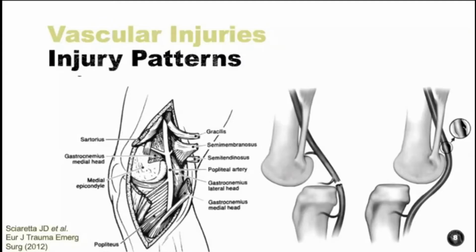In that area where they're very closely tethered, they're particularly susceptible to these closed or indirect traction injuries. As you can see in the drawing on the left, there are lots of other soft tissue structures, like the hamstring origin insertion, as well as the gastroc fascia, that are also tethering the popliteal artery in that area. This makes the vessel particularly prone to a traction injury here.